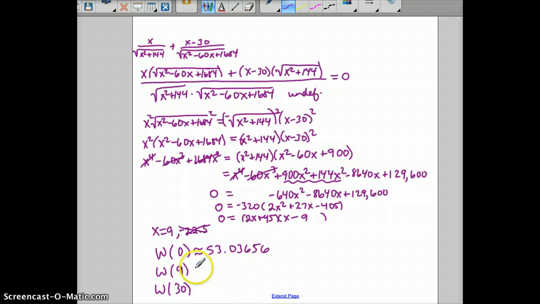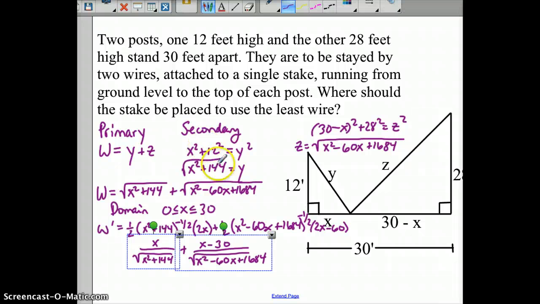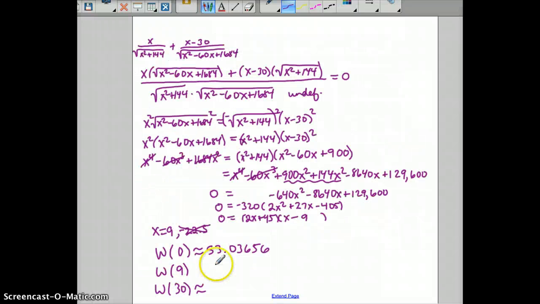All right. Then if we plug in the 30, so go back to our original equations. Plug in 30, we've got 30 squared plus 144. That's 1044. And then the square root of that is about 32.31098.